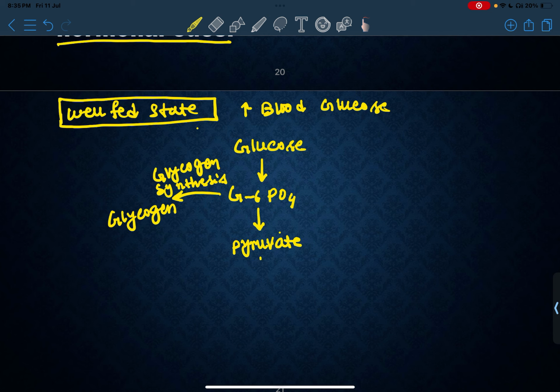This pyruvate will convert to acetyl coenzyme A by pyruvate dehydrogenase. This acetyl coenzyme A will be used in the TCA cycle.